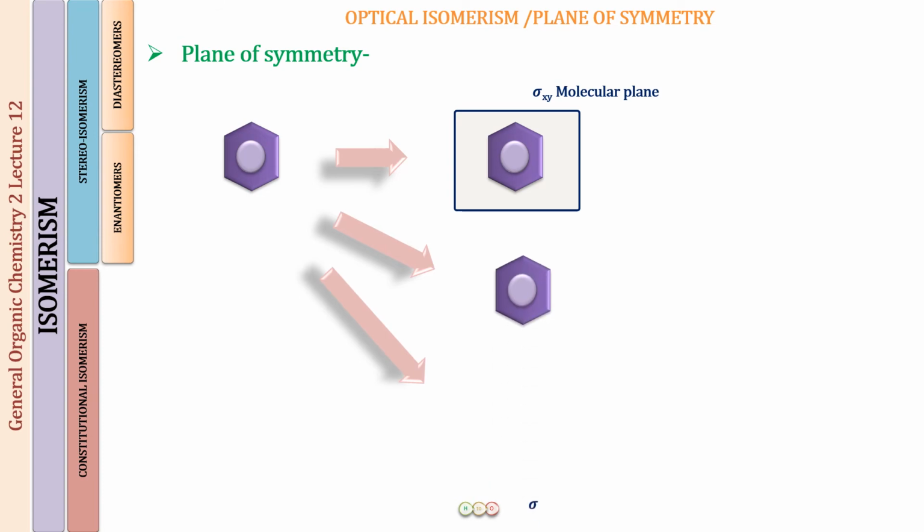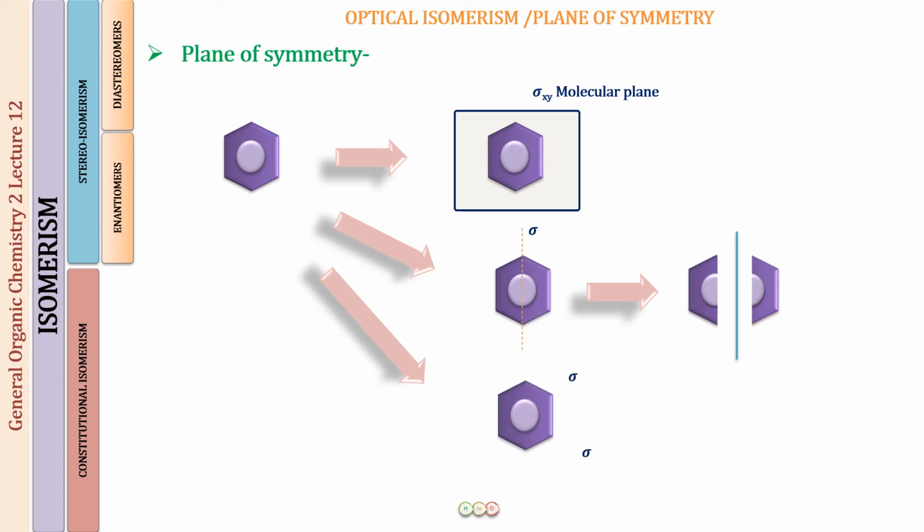Now let us look at another plane. What you can do is slice it this way. There is one carbon over here with a hydrogen, just slice it through, and the other carbon and hydrogen. So these four atoms will be cut into two halves, and the others will just be coming along with the two halves. So this is how the two halves are going to look, and because they are a mirror image of each other, this is going to be another plane of symmetry.